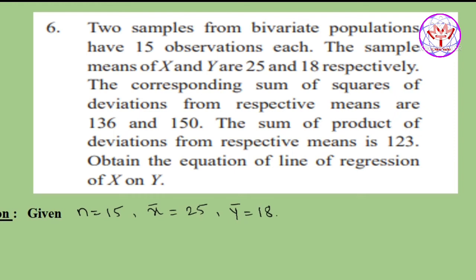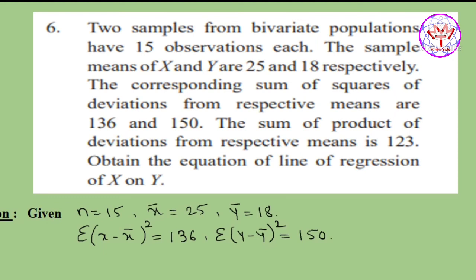The next, the corresponding sum of squares of deviations from respective means are 136 and 150. Now see over here, sum of the squares. That means you have to put the summation sign and square. Square of what? Deviations from the respective means. That means summation of x minus x bar the whole square is equal to 136 and summation of y minus y bar the whole square is equal to 150. You must understand the sum clearly.